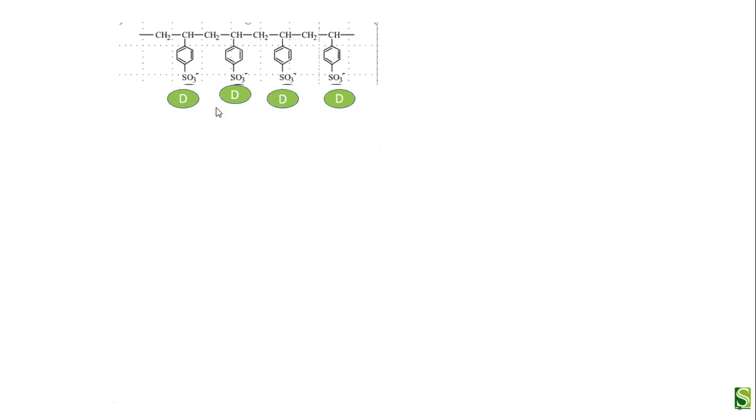Now consider this, the sulfonic acid moiety, and this is the drug. The drug is positively charged, the sulfonic acid is negatively charged. When you give the system to the patient, the cations present inside the body will go, as they have high affinity for the sulfonic acid. This moiety will come in close proximity with the sulfonic acid moiety, and it will displace the drug.